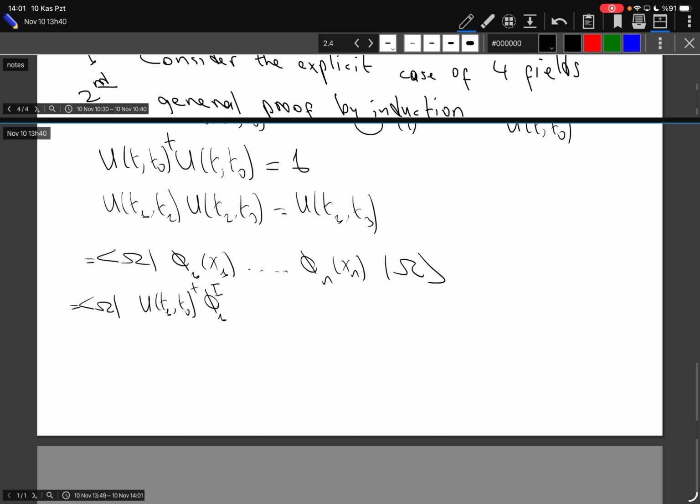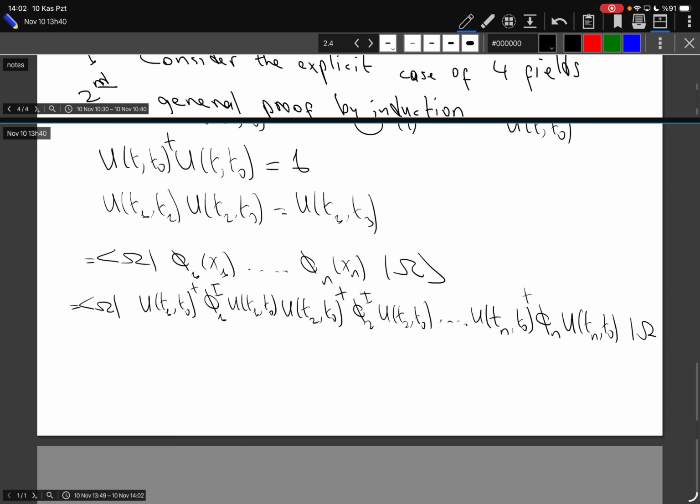I will omit the arguments x1, x2, x3, because phi 1 is at position x1, phi 2 at position x2, etc. Then U(t1, t0), U(t2, t0) dagger, phi 2 in the interaction picture, U(t2, t0), and so on up to U(tn, t0), phi n in the interaction picture, U(tn, t0) dagger. This is what I have.